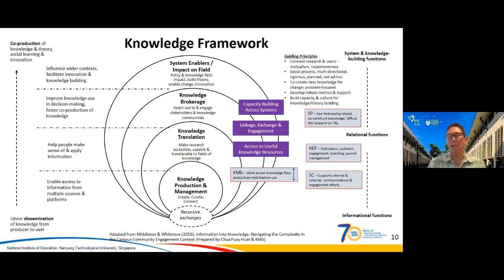And moving on the right-hand side from just informational functions to more relational, and then to system and knowledge building functions. So this is a knowledge framework to help researchers and practitioners think about how they might be able to work together here to co-produce and to really focus on some of those system capacity building and knowledge building functions.